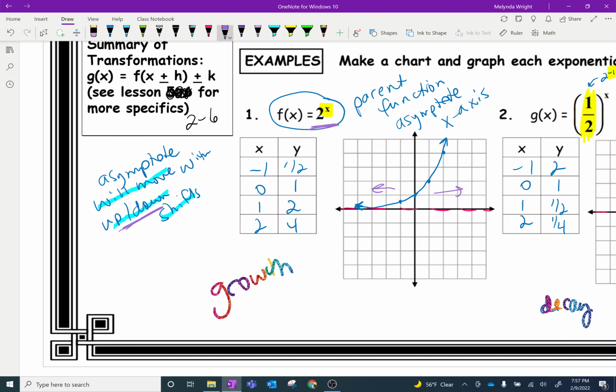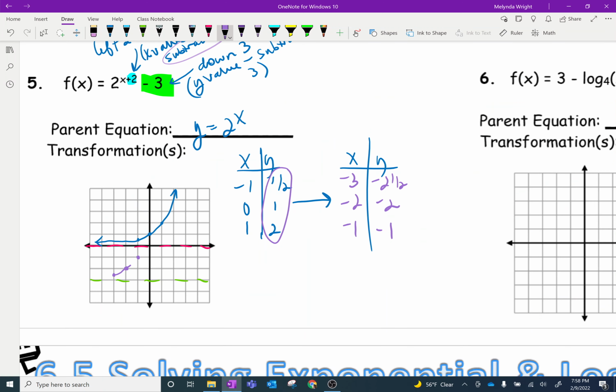So we've got -3, -2.5. Then we've got -2, -2, and -1, -1. And so we look something like this. All right, so there is our transformed one. Okay, great. One more.